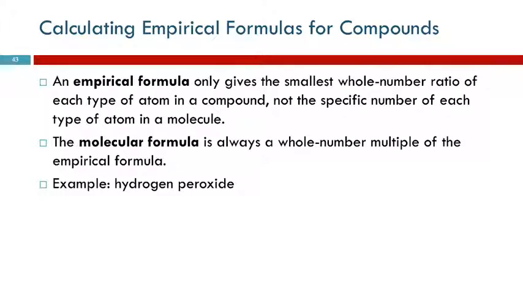So an example is hydrogen peroxide. The chemical formula for hydrogen peroxide is H2O2. So one molecule of hydrogen peroxide is going to look something like this.